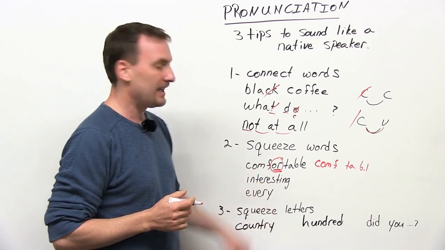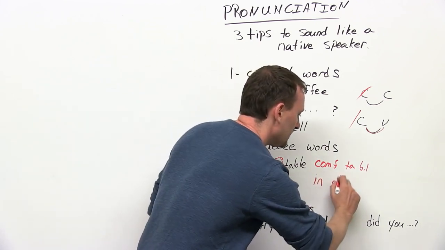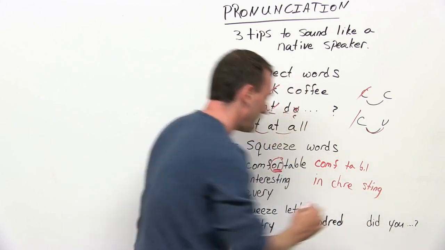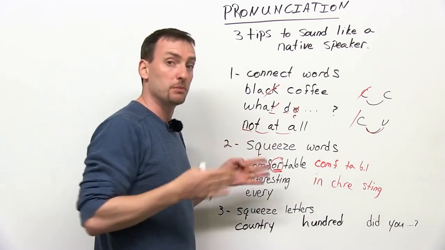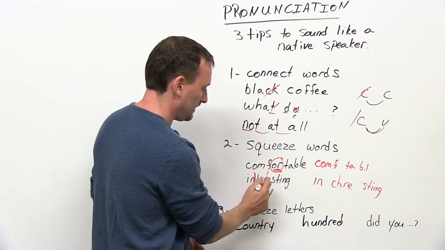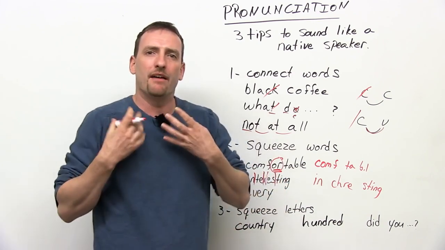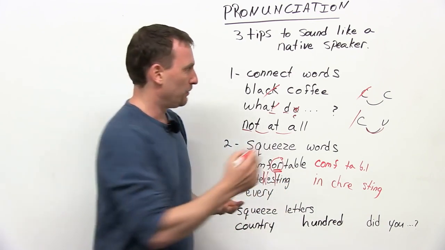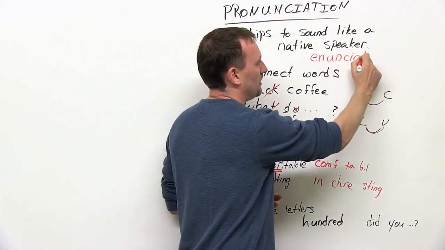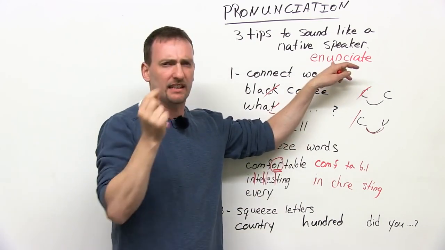Another word like that, interesting. Find out what the syllables are. If you want to emphasize something, we have a word called enunciate. When someone wants to emphasize a word, then they enunciate each syllable.